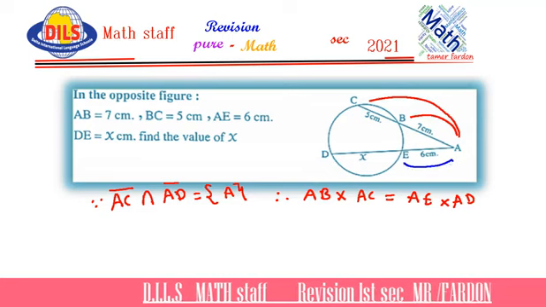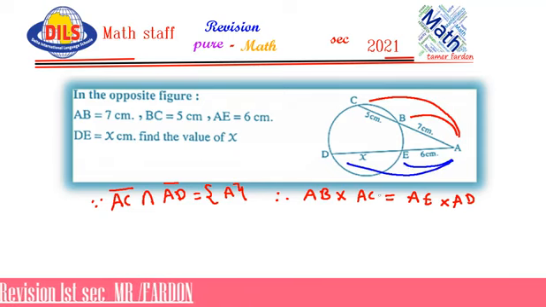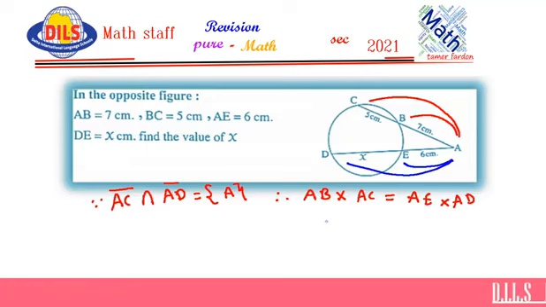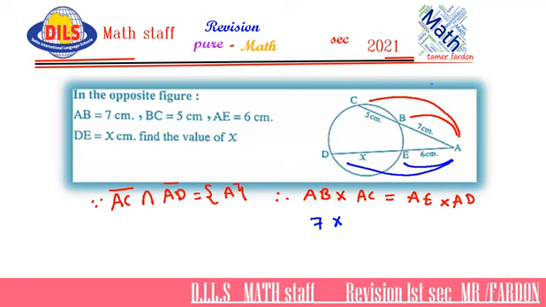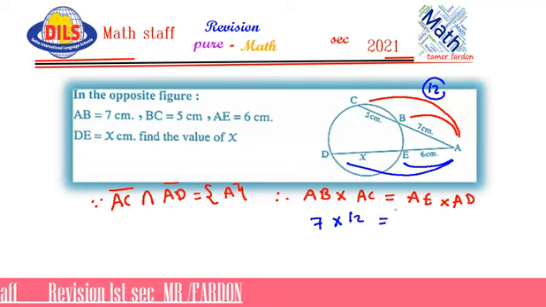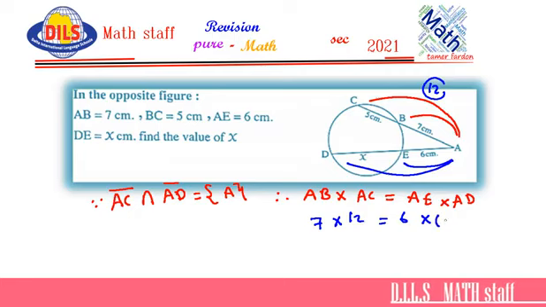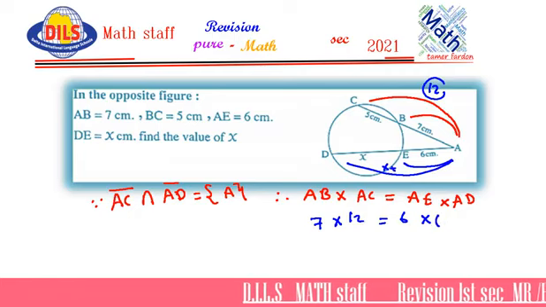By substitution we get AB is 7 times AC is 7 plus 5, which is 12, equals AE, which equals 6, times AD, which equals x plus 6.